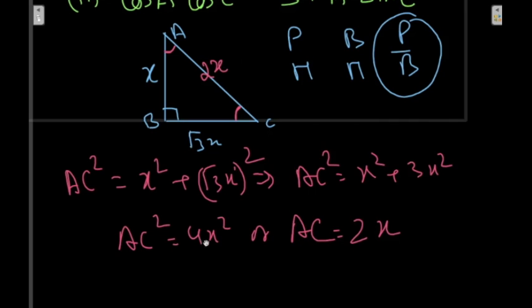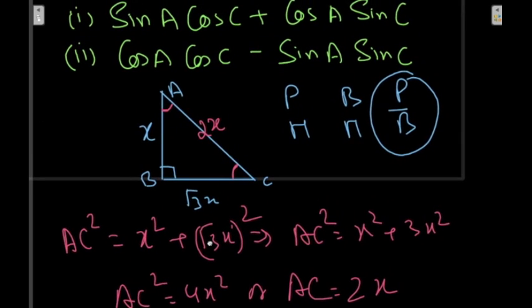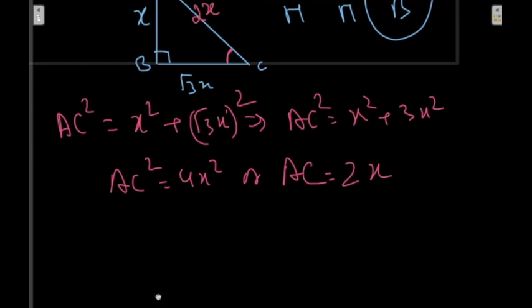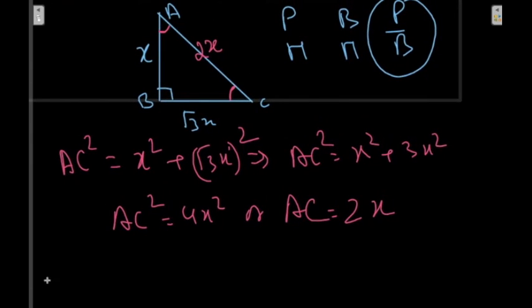Now what we are supposed to find? Sine of A and cos of C. Sine of A. Now here's the tricky part. Sine of A is this, angle A is this.